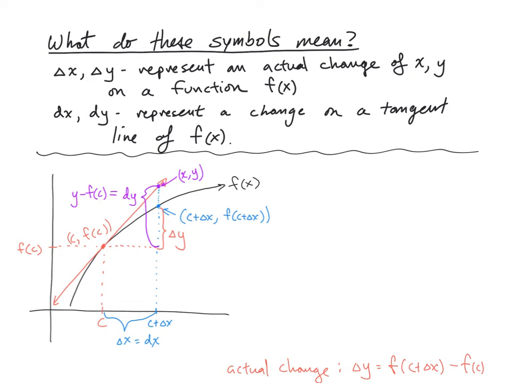And if I go over that same distance, you'll notice that we end up at the same x-coordinate. So for right now, I'm going to follow this up to the tangent line, and I'm just going to call this point x comma y for now. I'll get into it in a little bit.